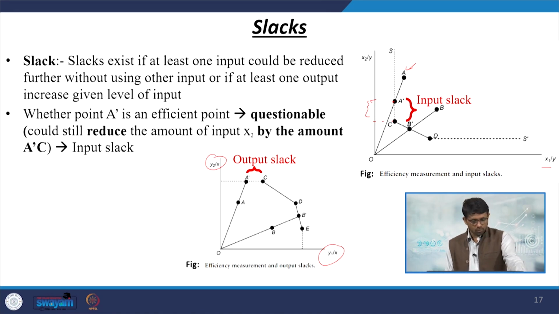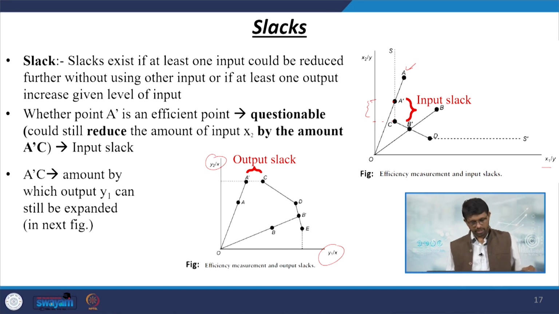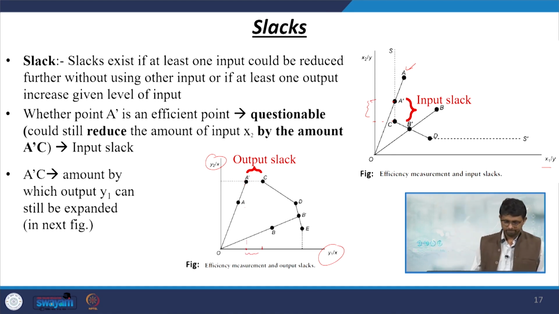Okay. So, this is what is called A prime to C, the amount by which output y1 can still be expanded. Okay. So, here this distance, corresponding to this distance and to this distance, can be expanded with the same level of inputs. Okay.